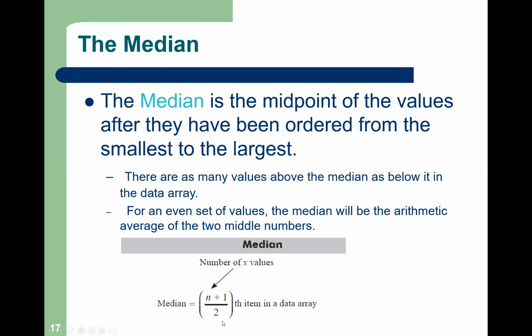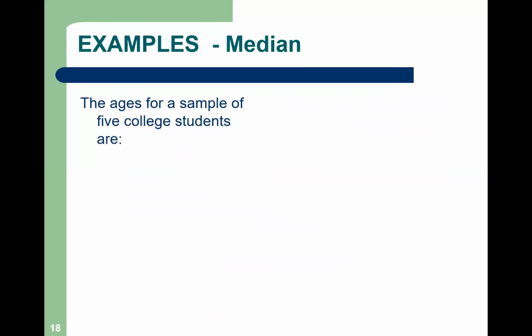This formula does not show the median value, but it shows the location of the median. We find the location, and the value or item at that location is the median for that data set. How? We will see this example.